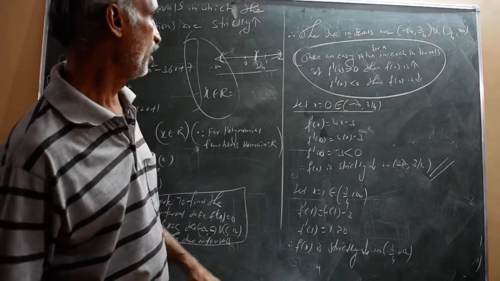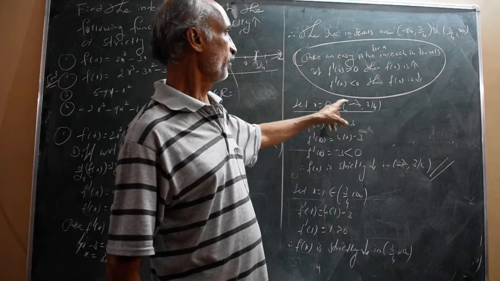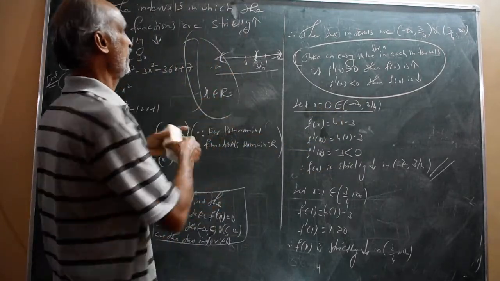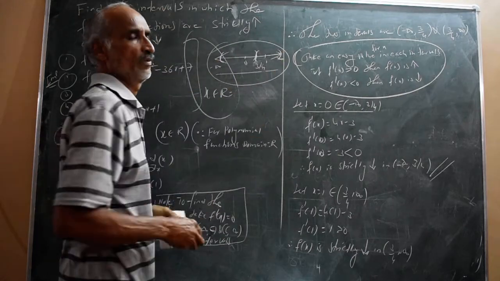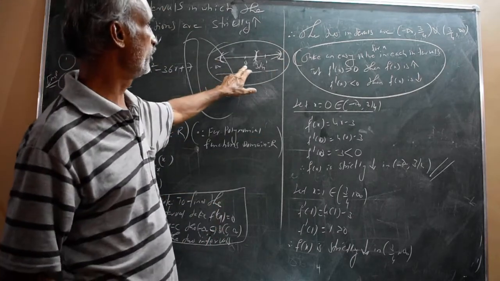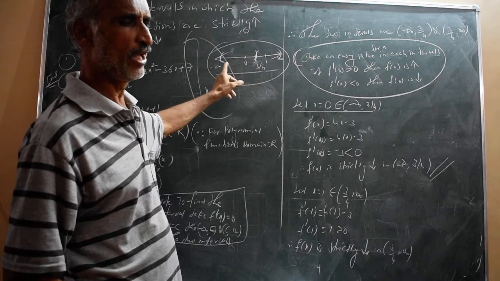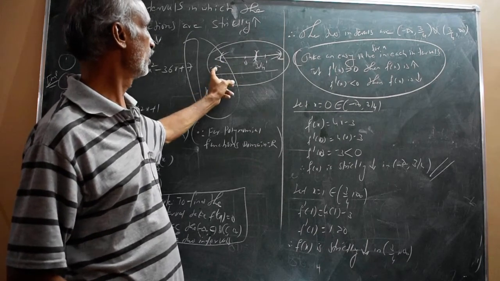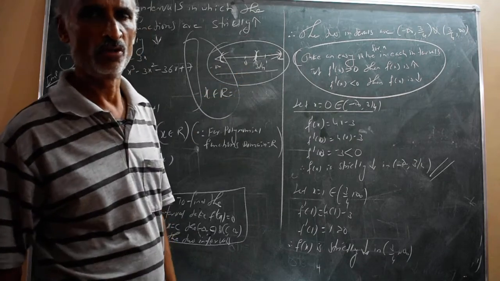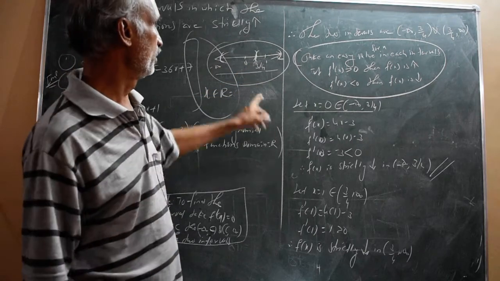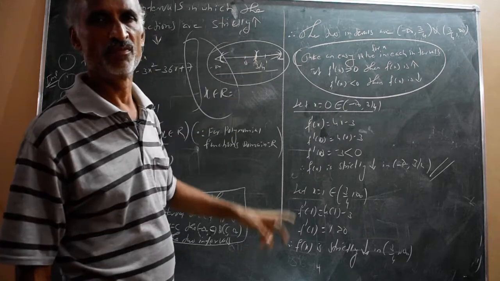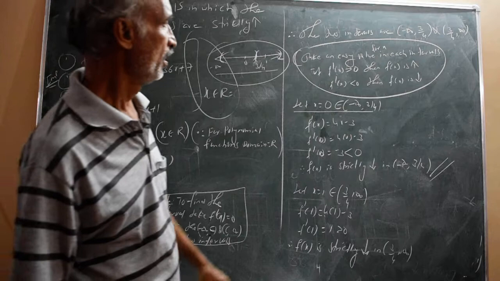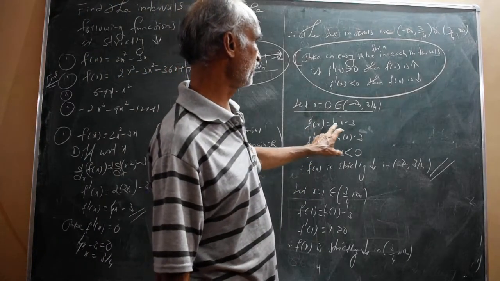Okay. Now the interval is minus infinity to 3 by 4. I told you to take one easy value for x in that interval. 3 by 4 means 0.75, therefore 0 comes between minus infinity and 3 by 4. Take x as 0, and let us take f dash of x as 4x minus 3.